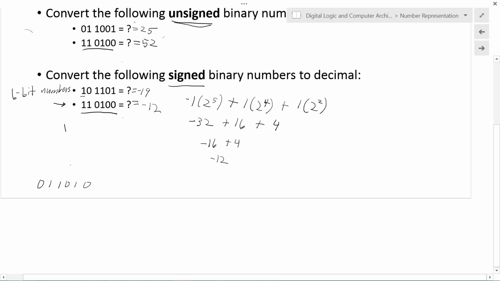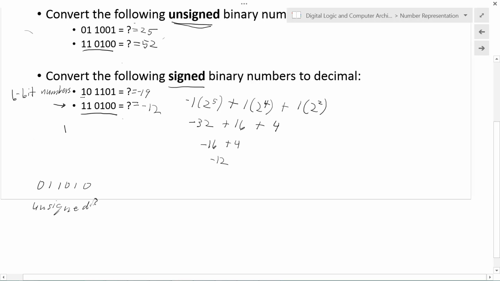So what about the unsigned value? And what about the signed value? Notice we're still working with 6-bit numbers.